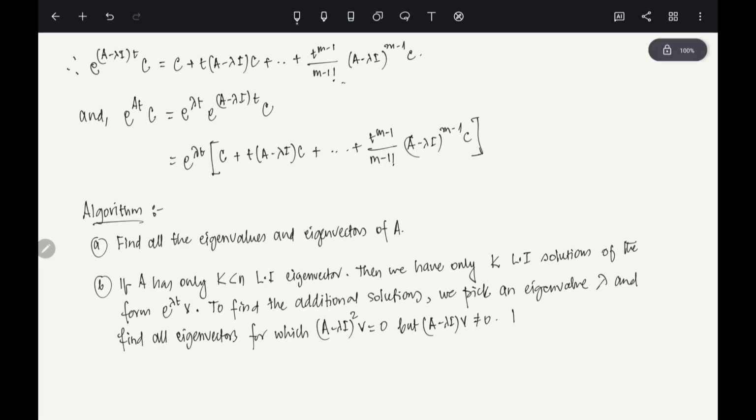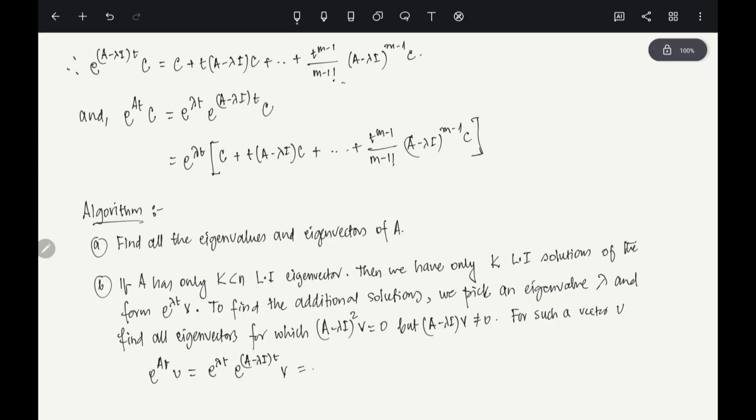And for such a vector v, if you can find one, what you have is e power at times v, which can be written as e power lambda t times e power a minus lambda I times t acting on v. V is a constant vector which initially we were writing as c, now I'm just writing it v, doesn't matter.